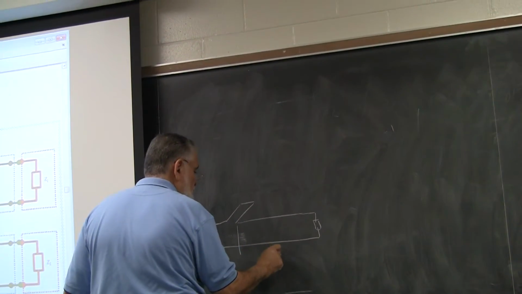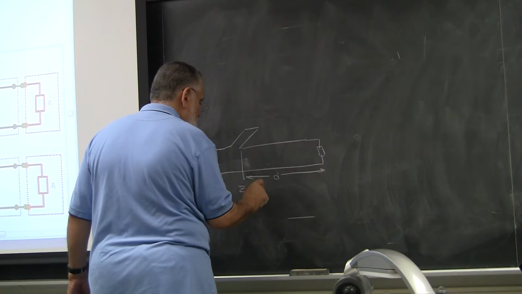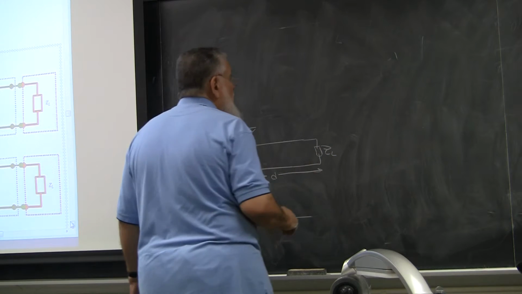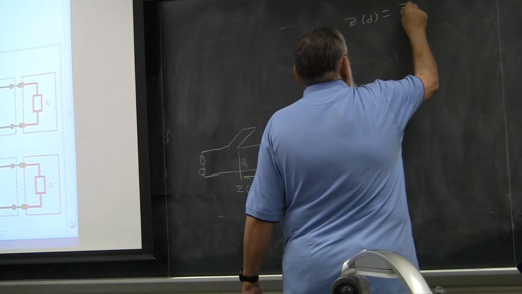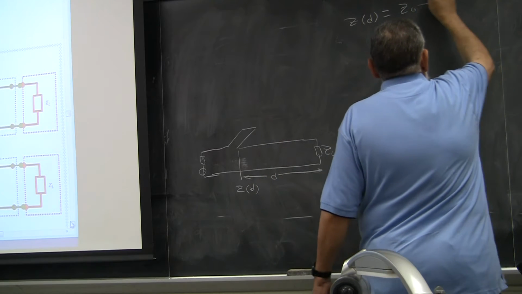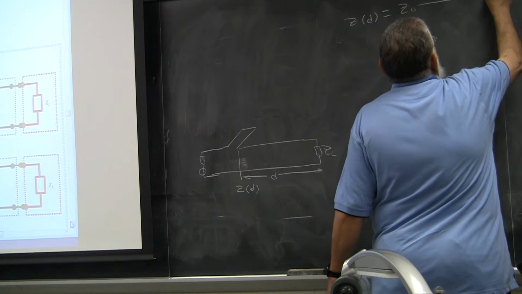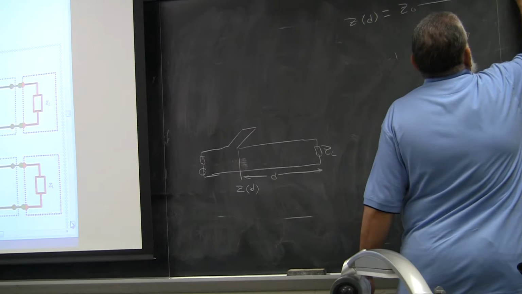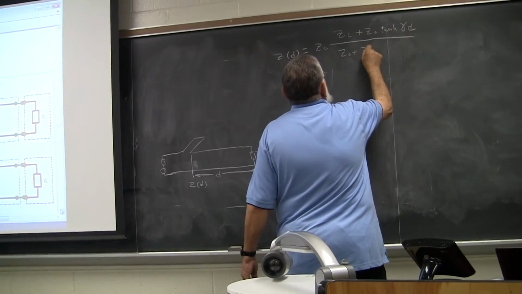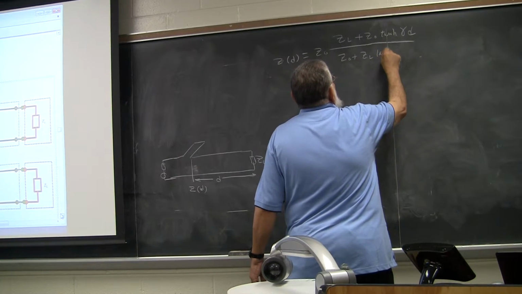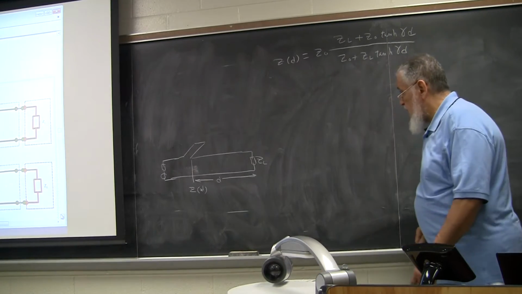So this is location D, that's distance D, and that's Z of D, that's Z sub L, and I can write Z of D is equal to Z naught times (Z sub L plus Z naught hyperbolic cotangent of gamma D) over (Z naught plus Z sub L hyperbolic cotangent of gamma D). That's the impedance right here.